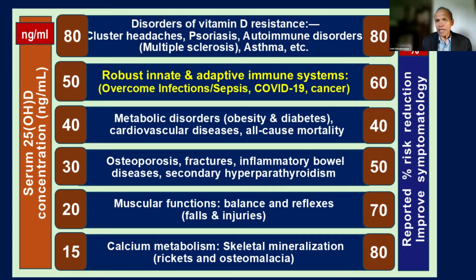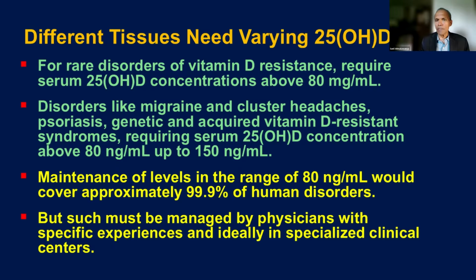People have shown that if we maintain that, they get about 80% reduction of the symptomatology very quickly. However, these should be managed only by experts, ideally from centers with expertise in giving very high doses of vitamin D safely and without complications, as shown in this particular slide.